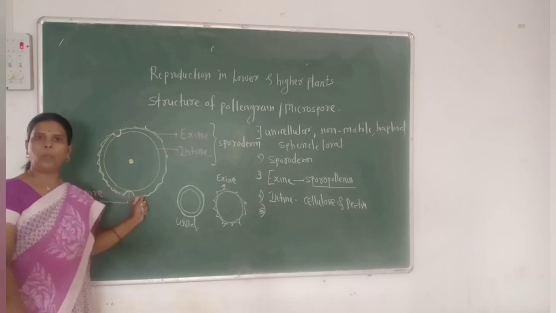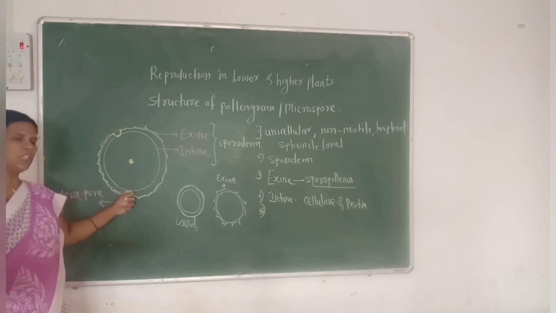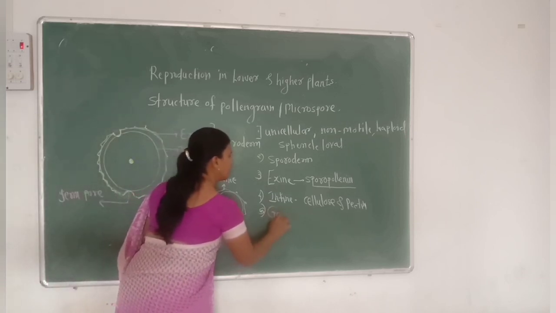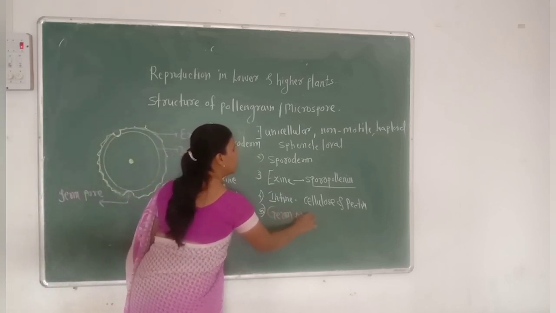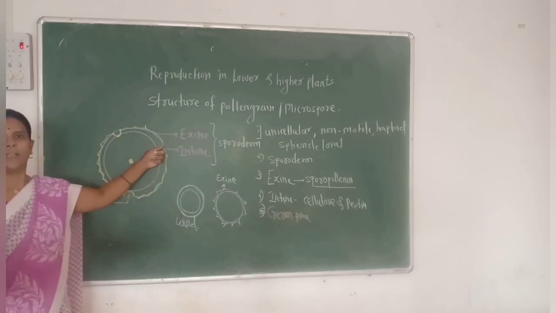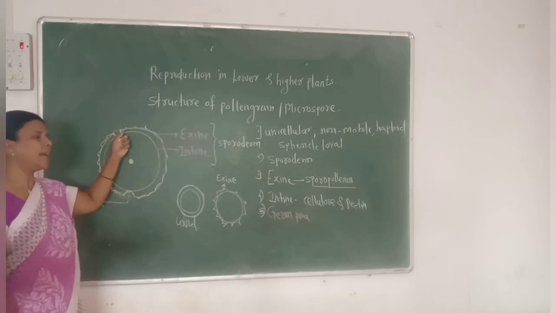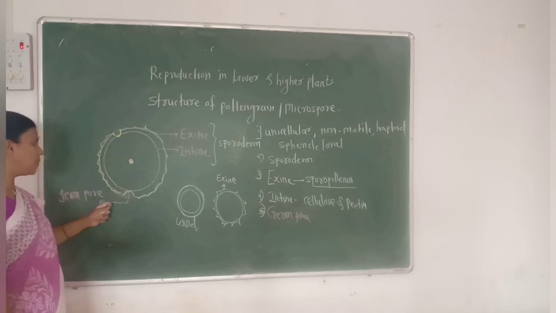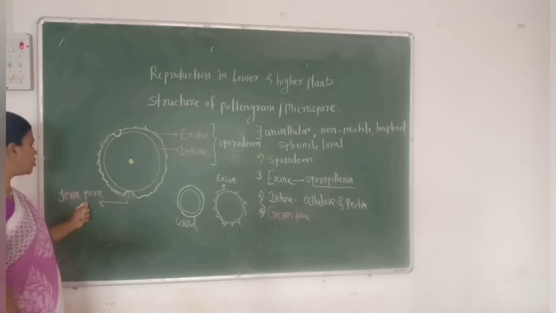And during pollen germination, through this germ pore, the pollen tube arises. Germ pore: exine is interrupted or it leaves a thin layer at some points to form a pore-like structure which is called a germ pore.